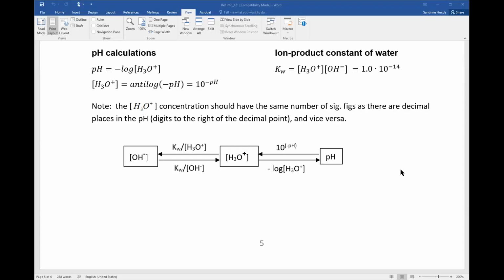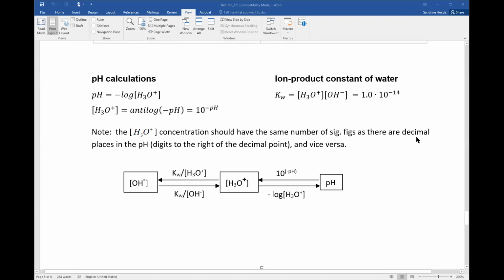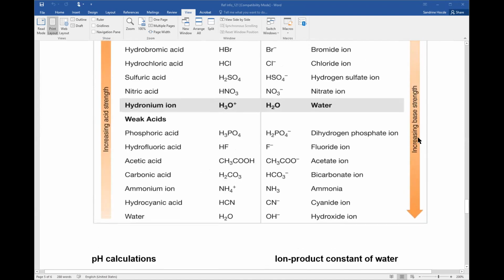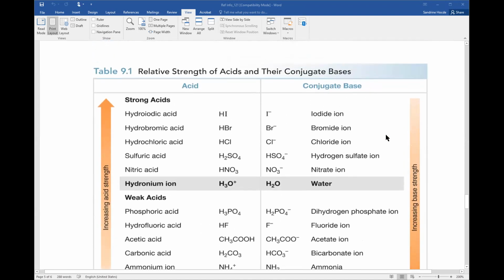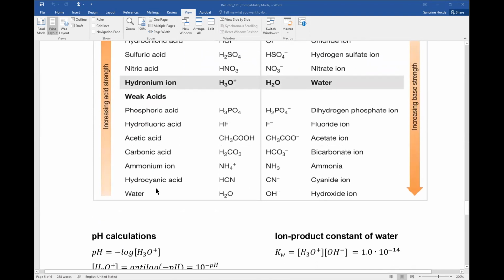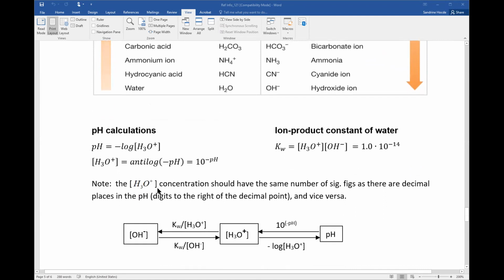Page 5 of the reference packet is where you will find the references for acid-base. Here you have a table of relative strengths of acids and their conjugate bases. The formulas are down here, and the ion product constant of water is found here.